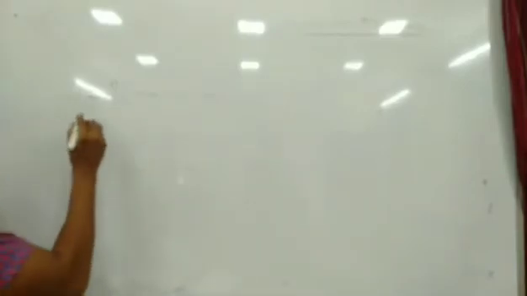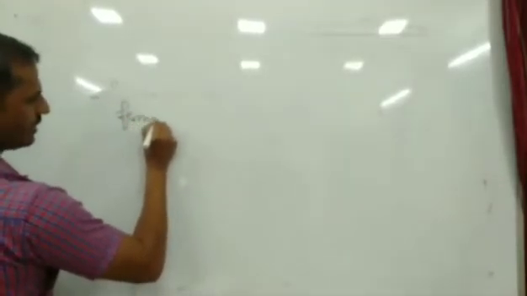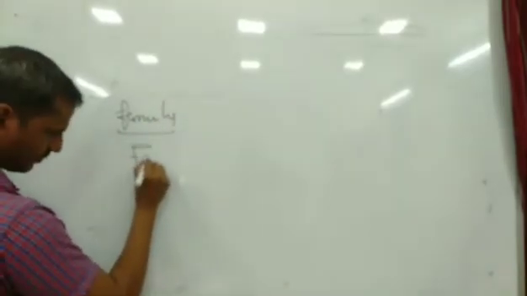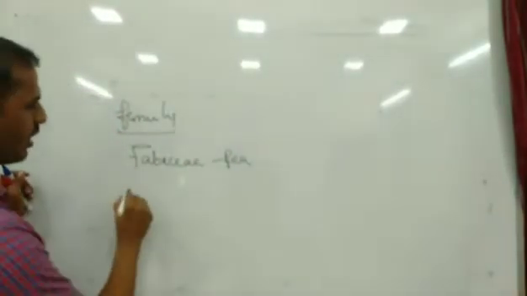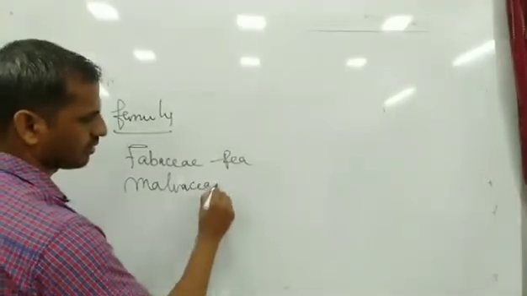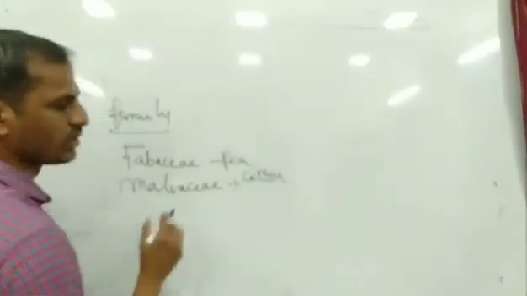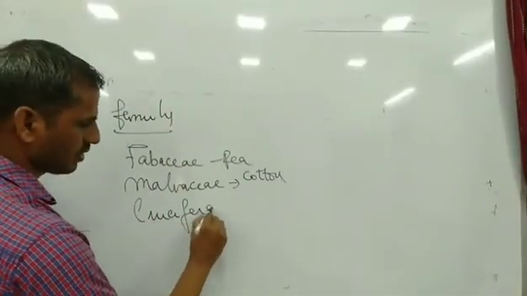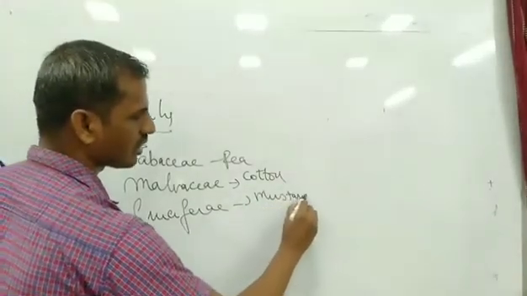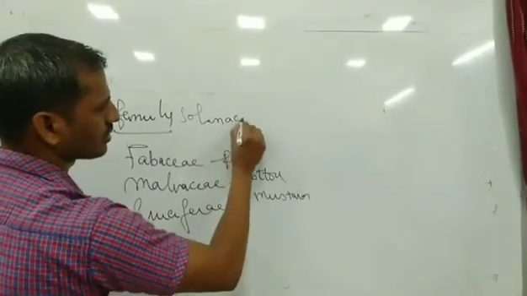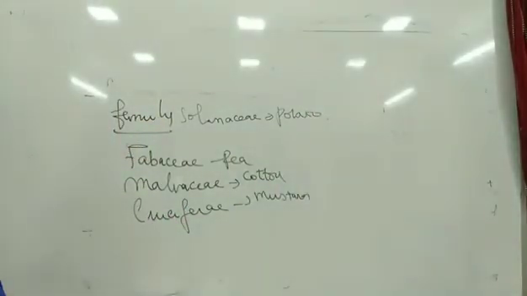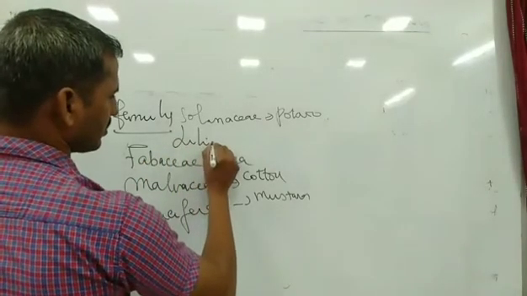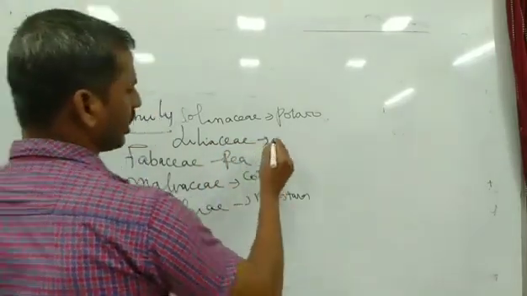We study five families in our books: Fabaceae, the pea plant family; Malvaceae, the cotton family; Cruciferae, the mustard family; Solanaceae, the potato family, including tomato; and Liliaceae, also called lily.